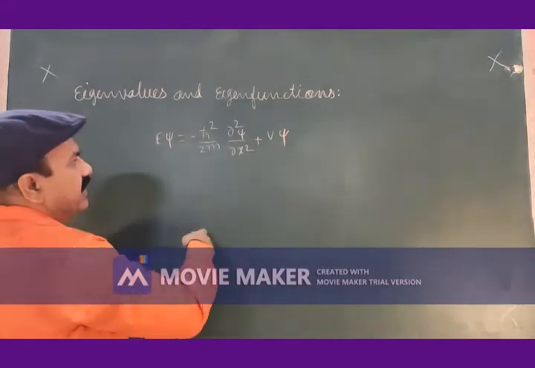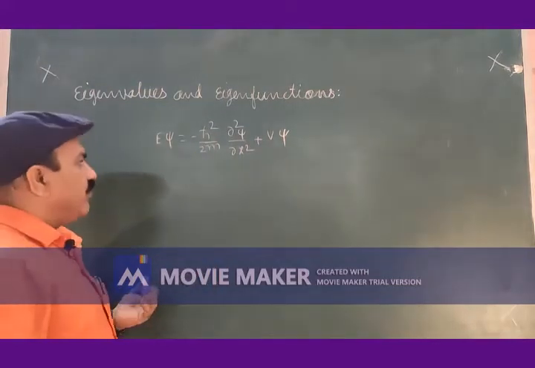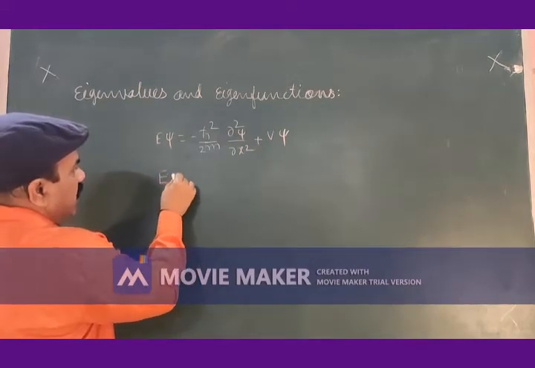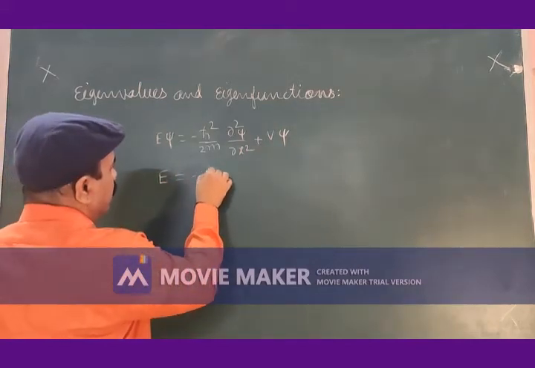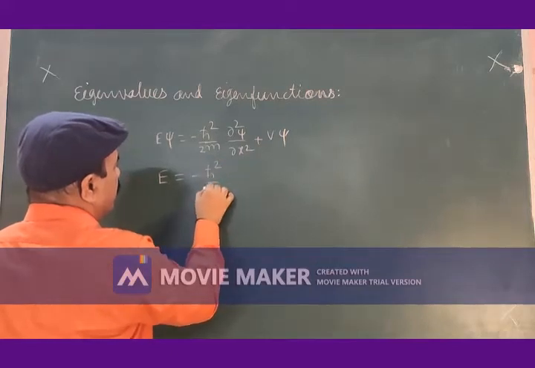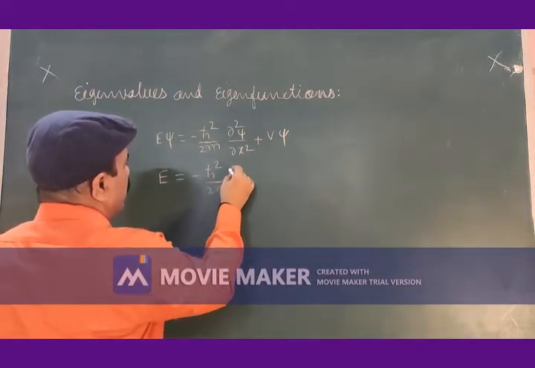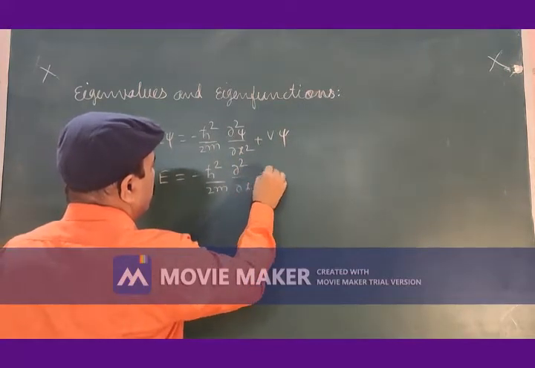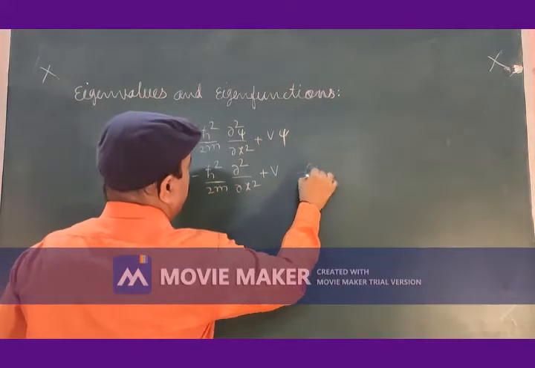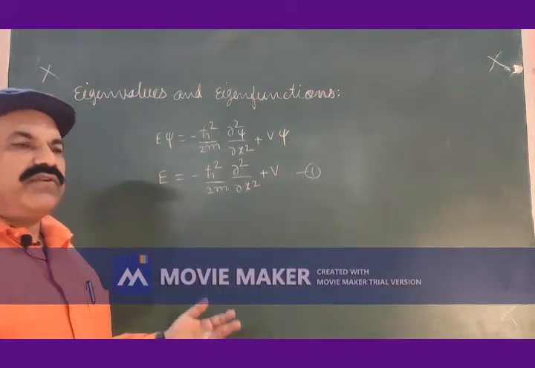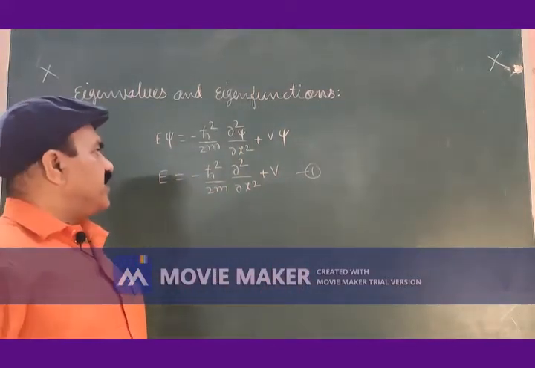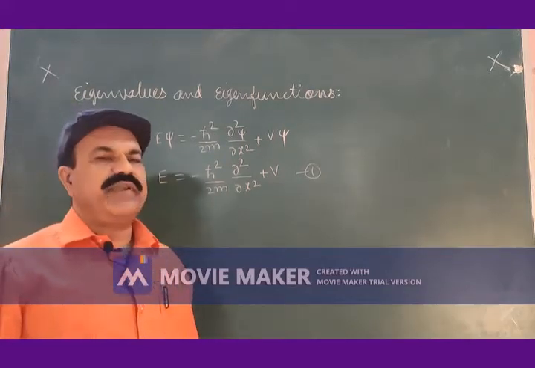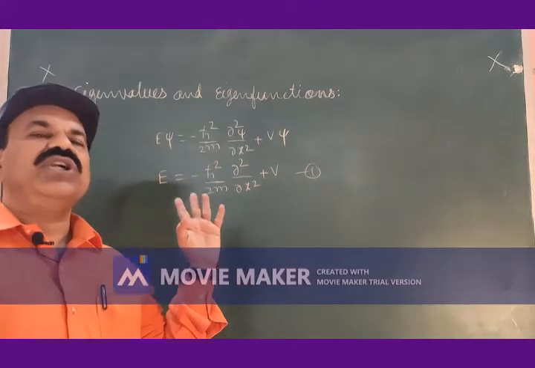If you take away the wave function psi from both the sides, we are left with E is equal to minus h cross square divided by 2m dou 2 by dou x square plus v. This is the total energy operator.